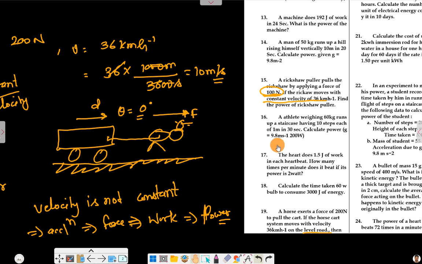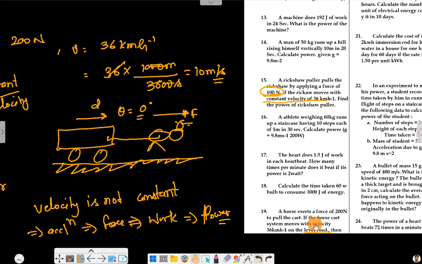So taking this consideration, the rickshaw has been started and its velocity is not changing, which means right now there is no force acting on the rickshaw. That's why its velocity is not changing, and that 100 Newton is the force that was required to start the rickshaw and to increase the velocity up to 36.